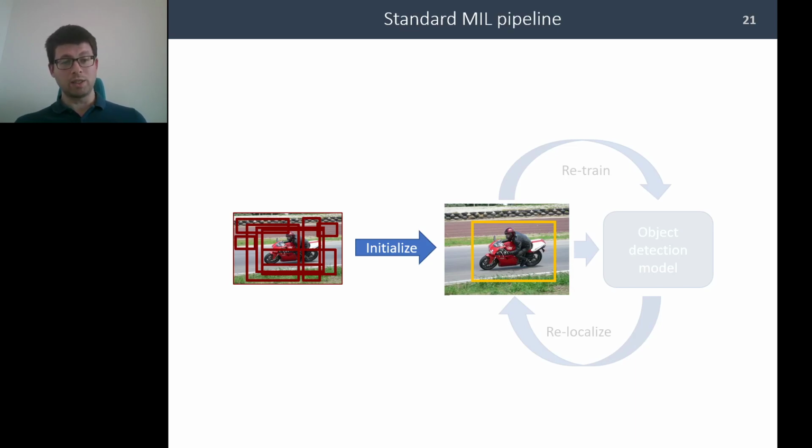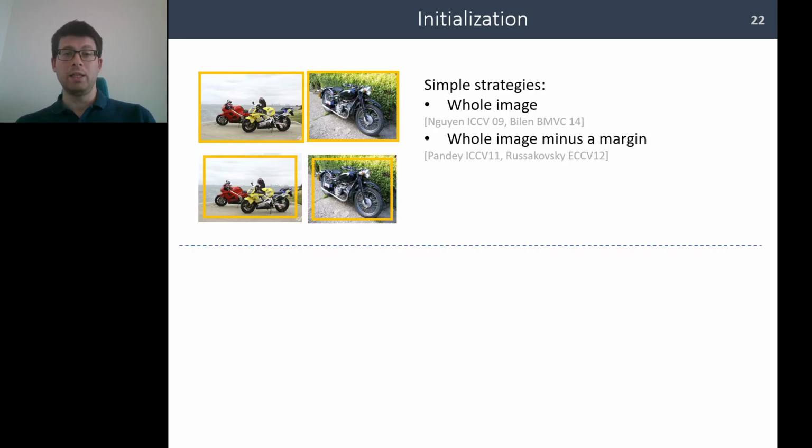Okay, so once we generate our bag, the second thing we need to do is initialize the positives, then we can go on with the training. One simple strategy to initialize is, for example, to start with the whole image and label it as the positive. The advantage of this is that it's simple, and at least the whole image will include at least one of the object instances.